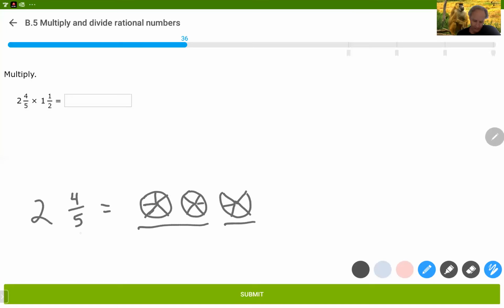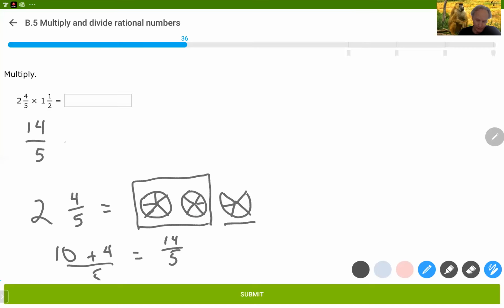So 2 times 5 is 10, plus 4/5, which is 14/5. All I'm doing is multiplying the 2 times the denominator to tell me how many parts I have, and then adding it to the 4 parts that I started with. So I've got 14/5.